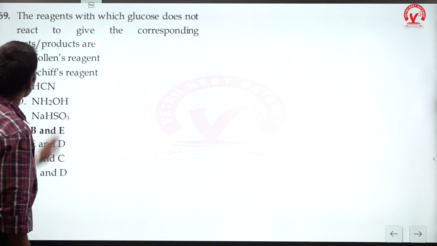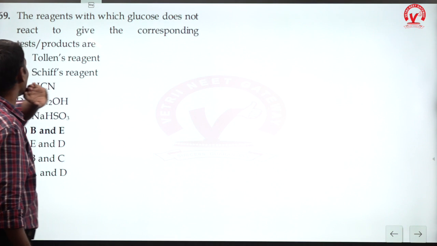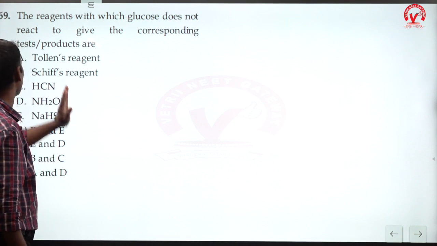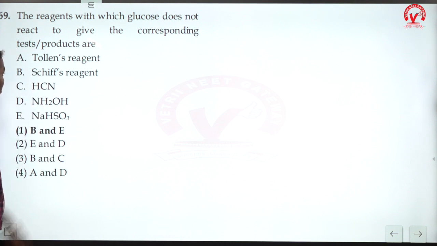Question number 69. The reagents with which glucose does not react to give the corresponding test products are dash, right?